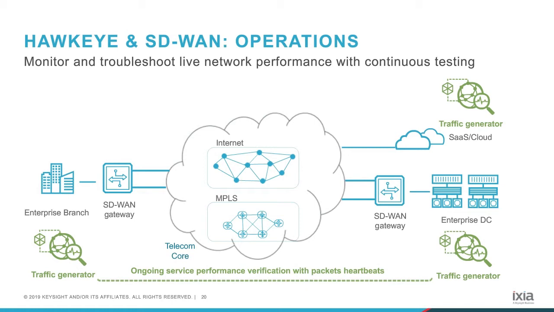So the same Hawkeye endpoints will be dispatched into the different sites, and you can change the way you use them to send what I call heartbeats. So you're going to send key transactions that are minimum. You don't want to create too much traffic. You don't want to overload your network, but you want to generate the significant traffic from time to time so that you can assess if your network is still operating correctly.